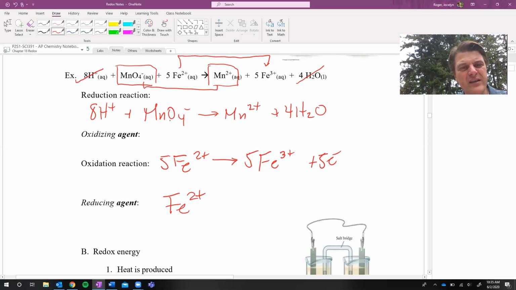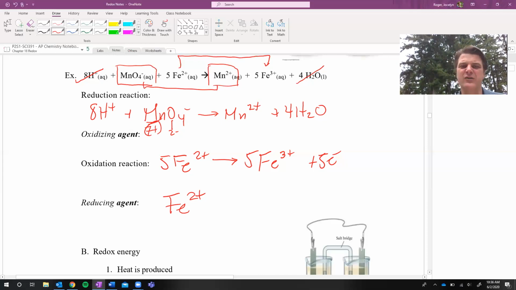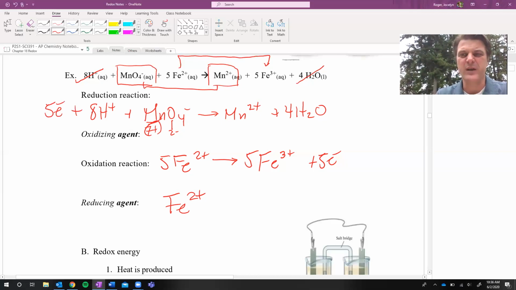In MnO4, the oxidation number on the oxygen is 2 minus, if you remember the rules from last week. There are 4 oxygens, so that's a total of 8 minus. If the overall MnO4 is 1 minus, that means the Mn is 7 plus. So Mn goes from 7 plus to 2 plus, which means it has to gain 5 electrons. So there are 5 electrons on the left of this reaction here.